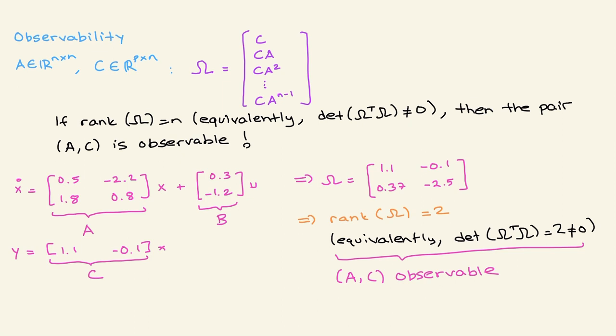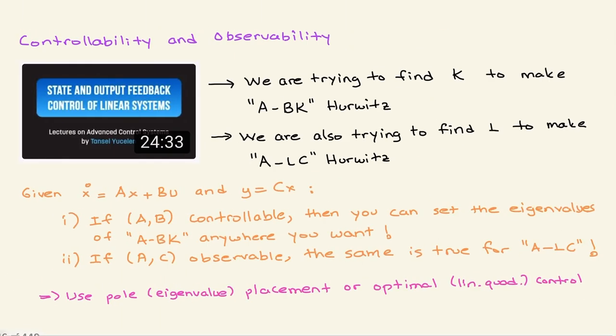Similar to the controllability case, there may be cases, although very rare, where the system may not be observable. In this case, if the system is detectable, meaning that the eigenvalues of A that you cannot change through L are on the left half plane, you can still make A minus LC Hurwitz, since the eigenvalues that you cannot change are already on the left half plane, and the remaining eigenvalues, either on the left half plane or the right half plane, you can change.